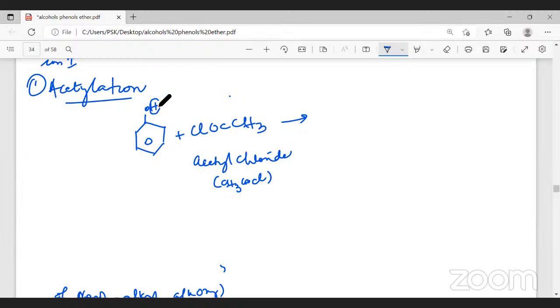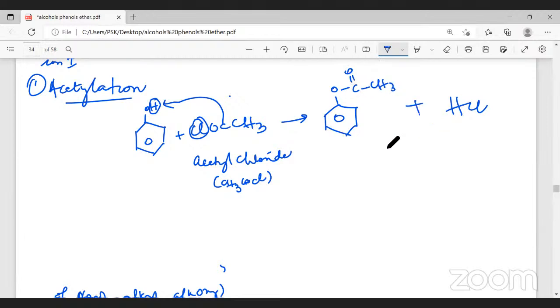What happened? This H and this Cl get eliminated as HCl. In place of this H, carbon gets bonded. You have a benzene ring, oxygen, carbon, and this oxygen through a double bond, and you have CH3. This is called phenyl acetate.